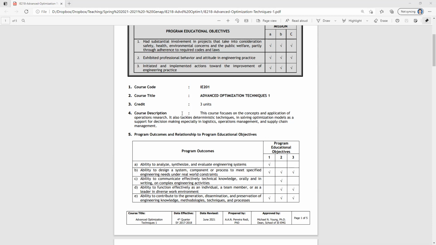So I decided to just borrow several problems from the logistics, operations management, and supply chain management areas to be solved using the techniques that we are going to learn in this course.